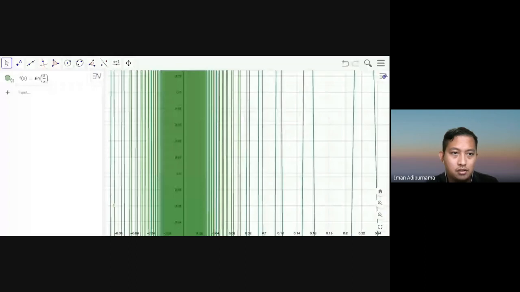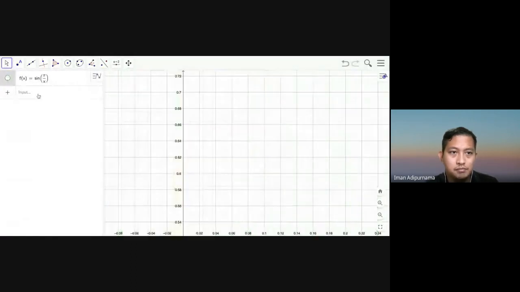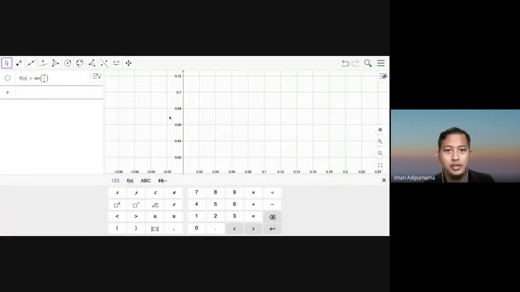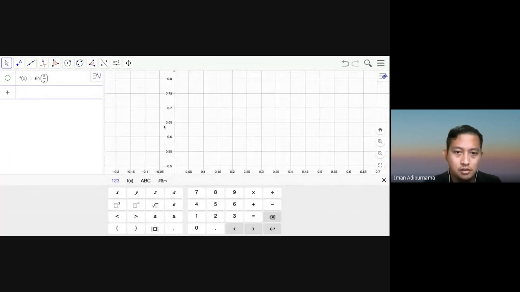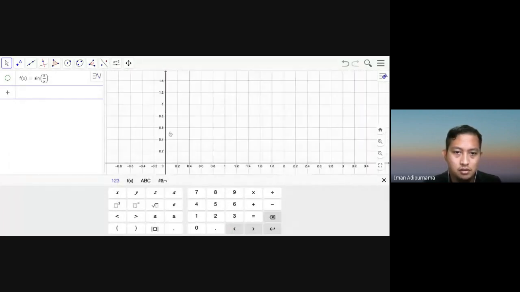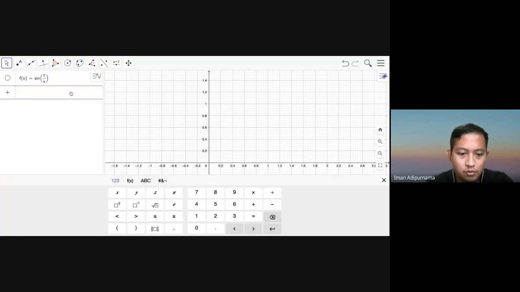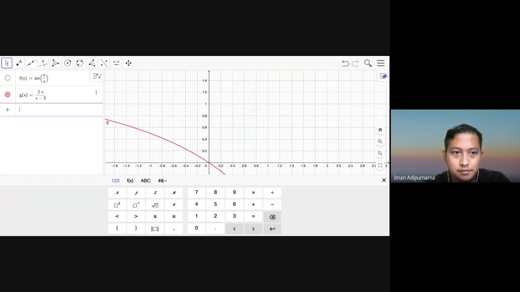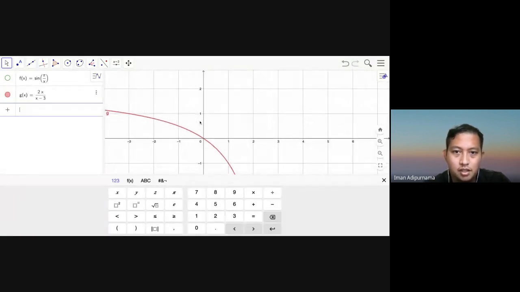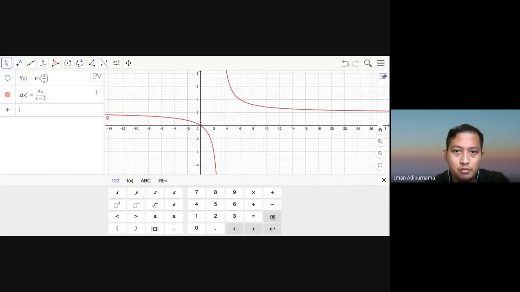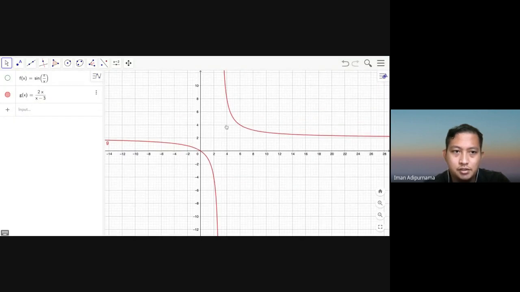Let me turn off these functions and let me write another one. Let me write 2x over x minus 3. So the red color one will be our function. So we have this kind of function here.